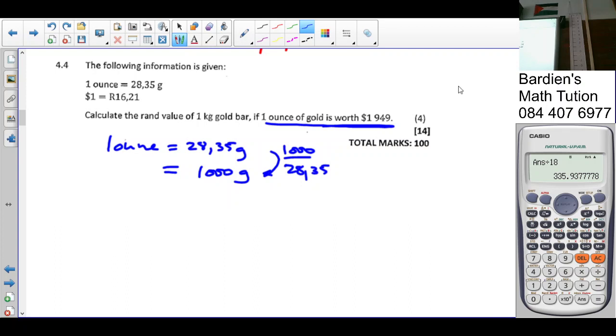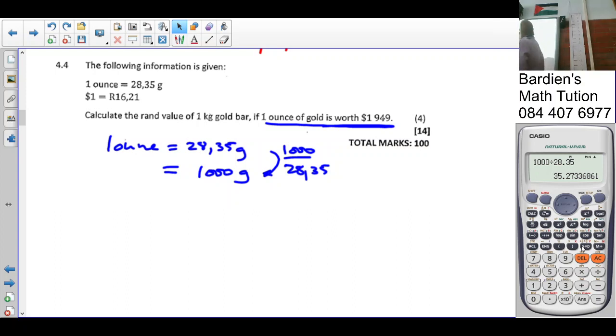Or we could have said 1,000 divided by 28.35. So it would be 20,000 over 567. The decimal is going to be 35.27.